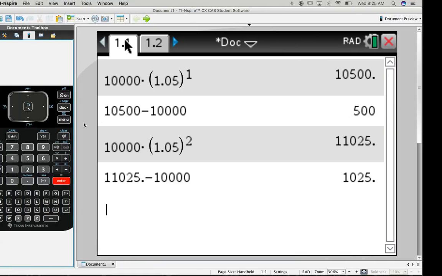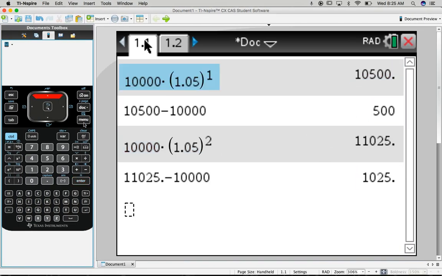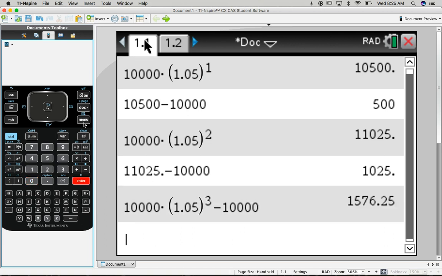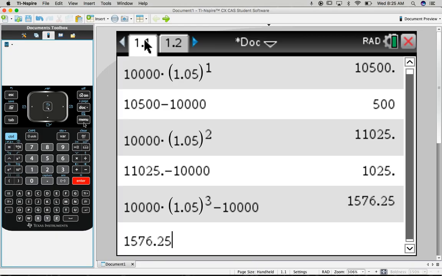Okay. And you can already see that if I go up here and I change this now to 3, and I subtract the 10,000 that I originally started with, now it's showing, again, let's see if there's more decimal numbers. Nope, not on that one. It's showing that it will be 1576.25.